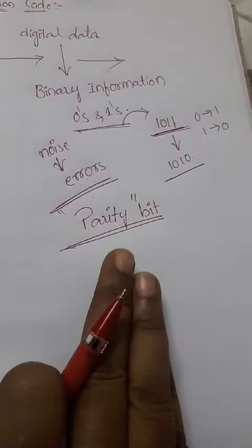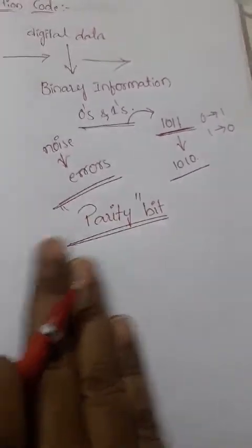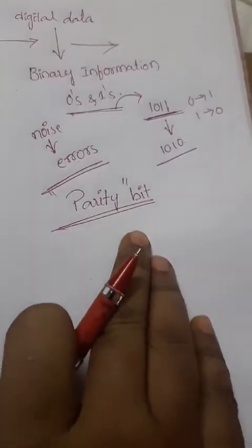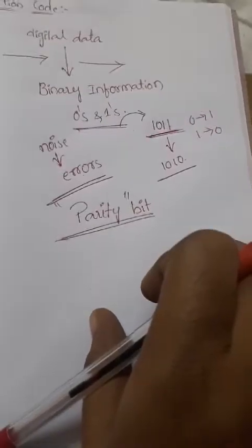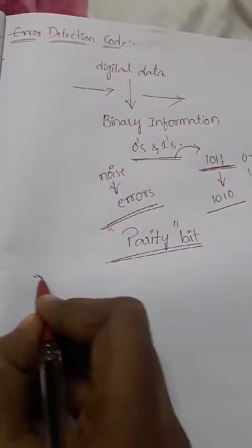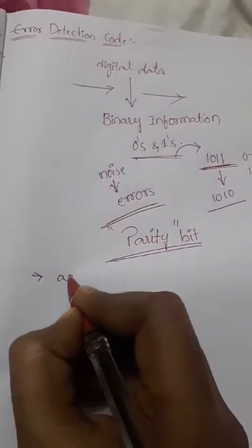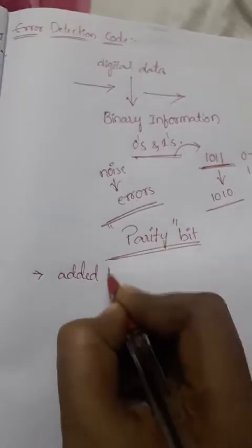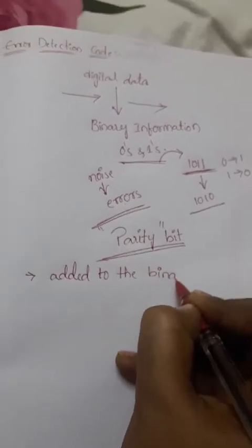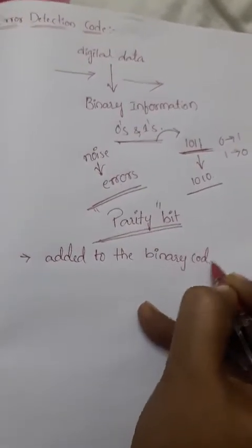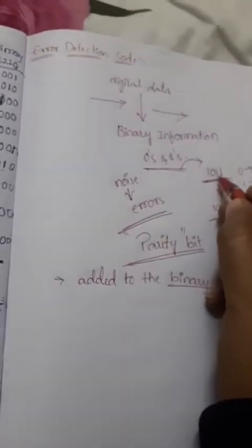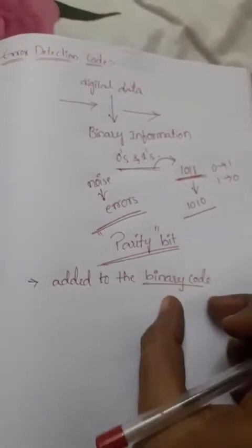A parity bit is a type of bit that is added to the binary code, which is zeros and ones information.